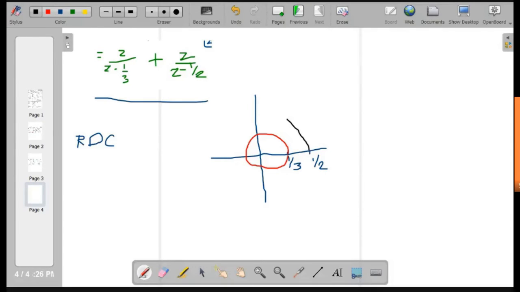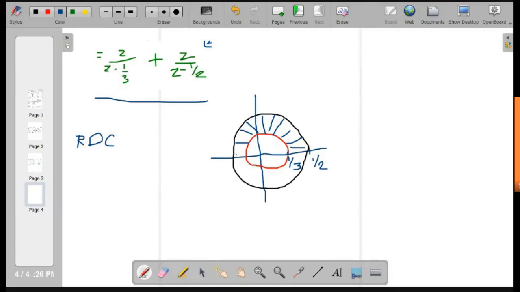Then through a half, like this. So my ROC, this is half, means it should have the region inside, because it is the non-causal signal.